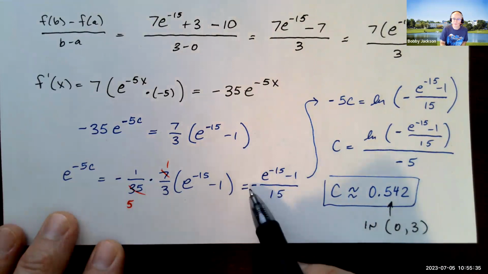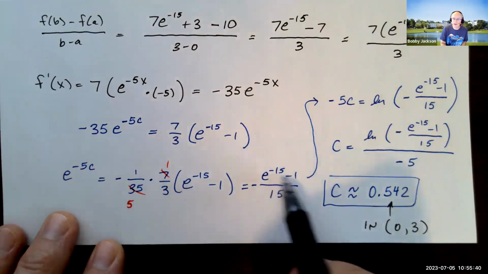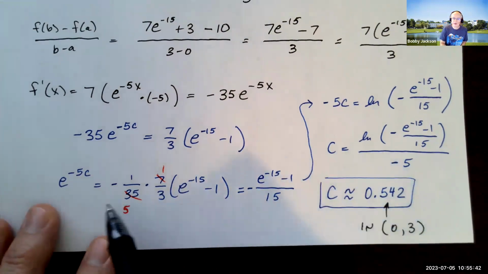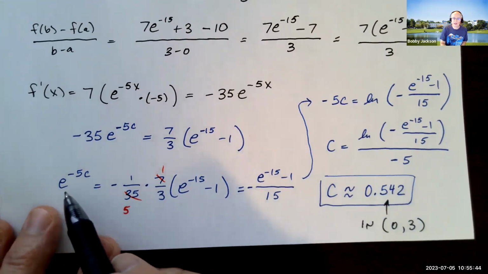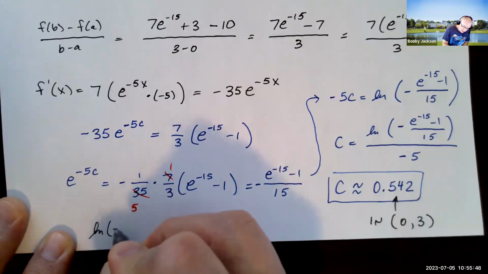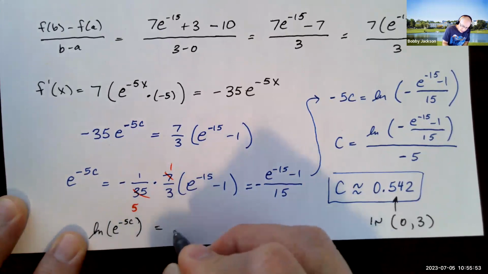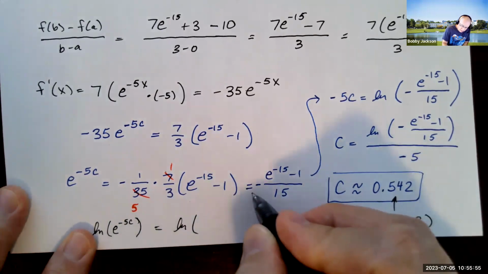Because this stuff divided by negative 15 will be a negative number, right, over this stuff. And then how do I solve for C now? Well, I need to take what? The natural log of both sides, right? A natural log of all this stuff here.